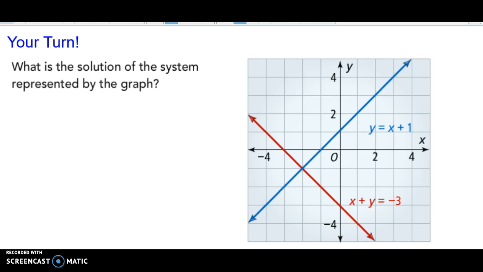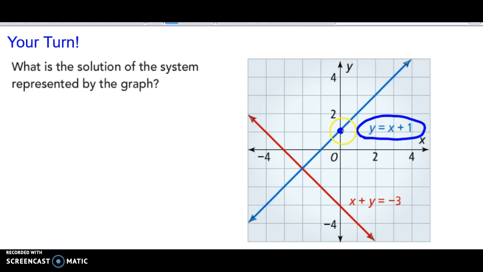What is the solution of the system represented by the graph? So again, let's look at my equations. I have y equals x plus 1. 1 is my y-intercept, so that's the first point that I graph, and then I'm going to use my slope to find the other points. Since there's no number in front of the x, that implies a 1.